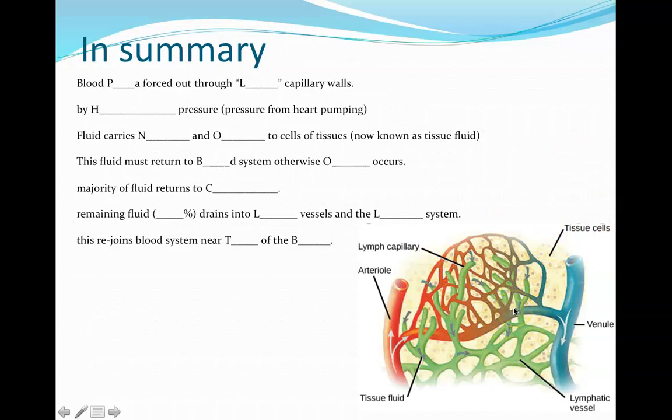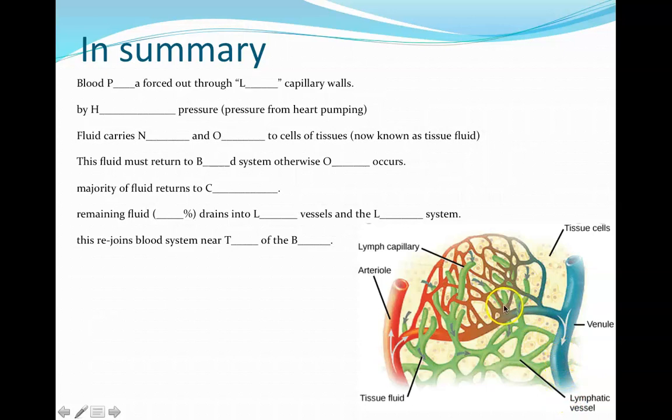Now it is known as tissue fluid as opposed to plasma. So this fluid must return to the blood system, otherwise edema occurs. So the majority of fluid returns to the capillaries. So it returns carrying carbon dioxide and waste products and then goes out through the venule to the veins back to the heart.